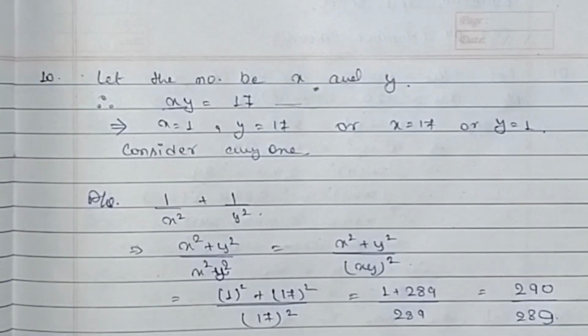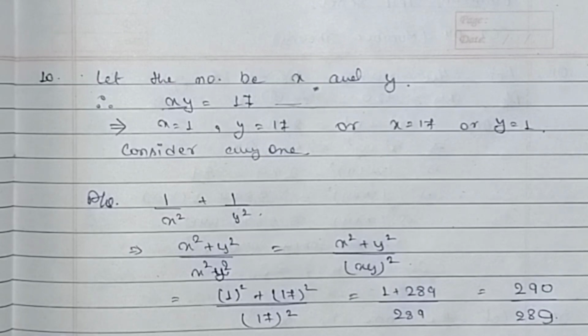Now from the given condition, we can find that the value of x can be 1 and the value of y can be 17. In the same way, x can have the value of 17 as well, and y can have the value of 1. You can consider any one condition and, following the condition you have chosen, solve it further. Now the question is, why have we considered x equals 1 and y equals 17 or vice versa?